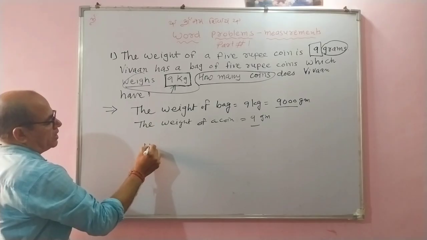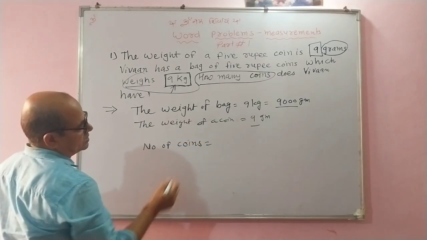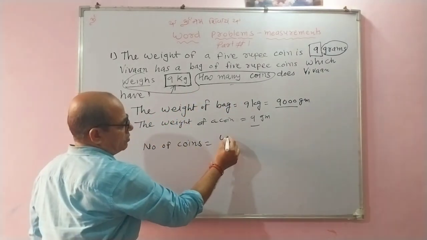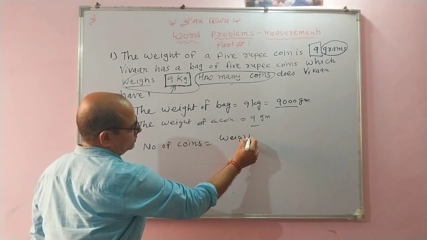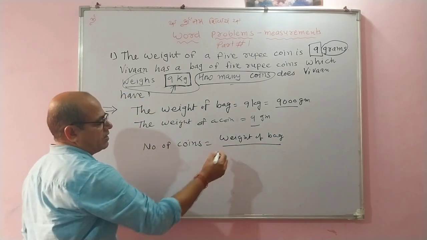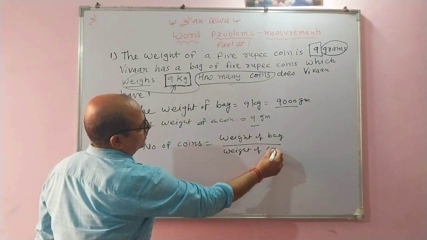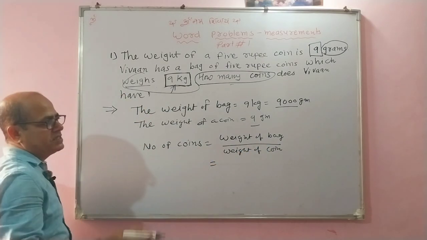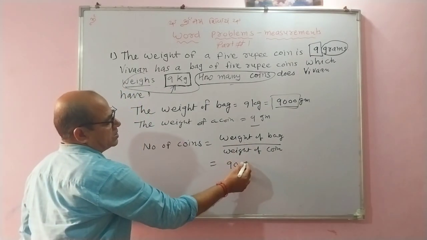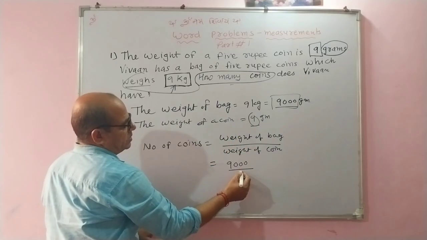Now the formula is: number of coins, means how many we need, is equal to the weight of the bag, the big unit, divided by the weight of a coin. Now we have to consider 9000 grams, and the weight of a coin is 9 grams only, right?